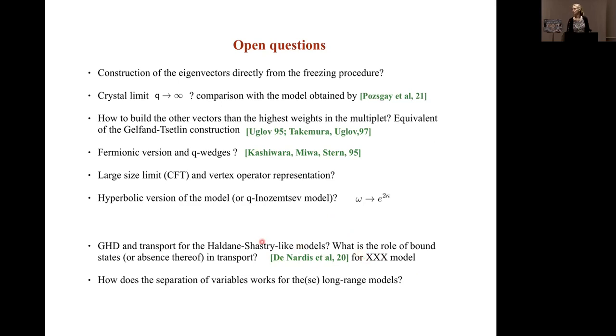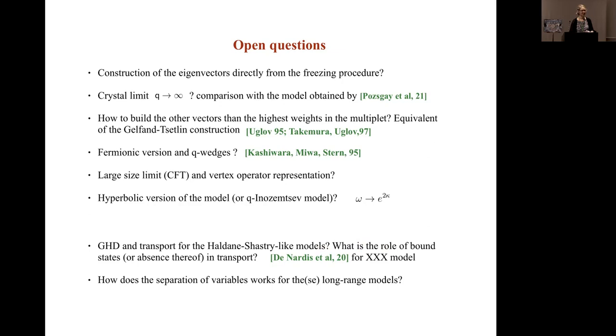They made a conjecture that this scaling is related to the existence of some non-abelian symmetry, like the SU(2) symmetry. And the question is what happens for other models which have SU(2) symmetry. Also, it seems that the bound states play a very important role in the transport in that case.